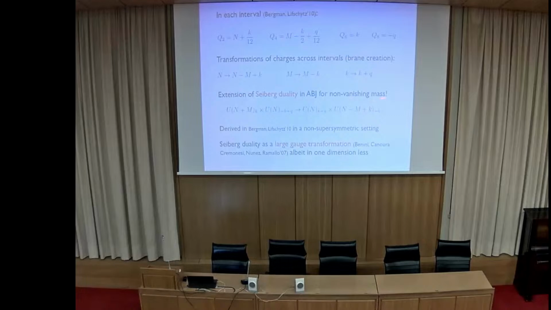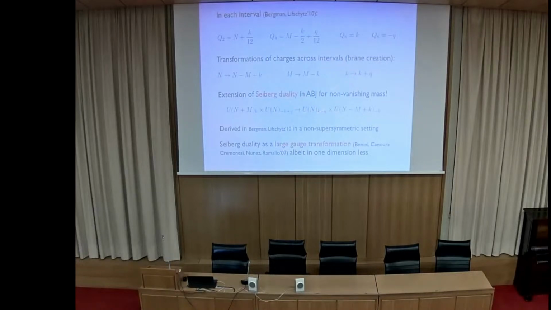This was proposed by Bergman and Lifschytz in a non-supersymmetric setting, because they introduced the D8 branes in a way in which the whole intersection was non-supersymmetric. The D8 branes were treated as probe branes.